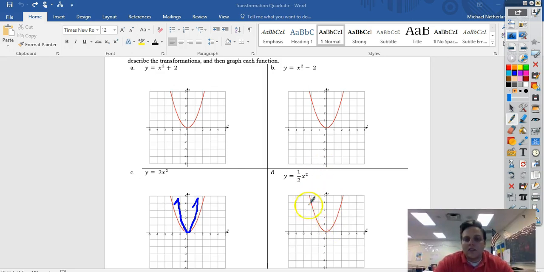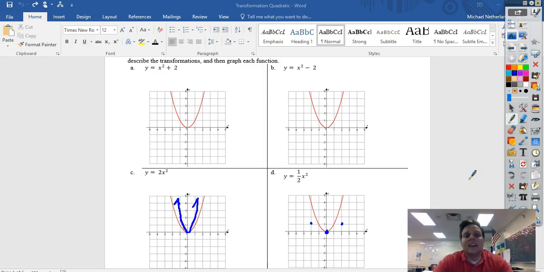So instead of being like this, you might want to think about it going through these 3 points and what that would look like. The reason I know these 3 points is I look at this number right here, 1/2. If you look at your a value and you go to your vertex, now that's a new word. I'm sorry, I should have explained this word earlier.